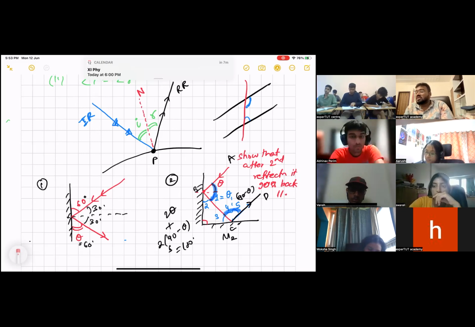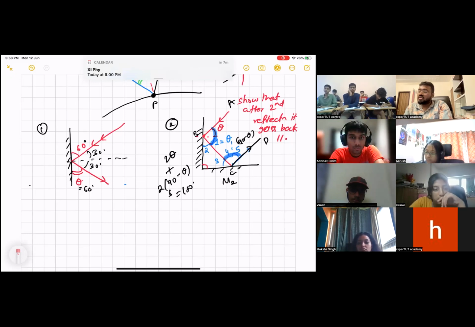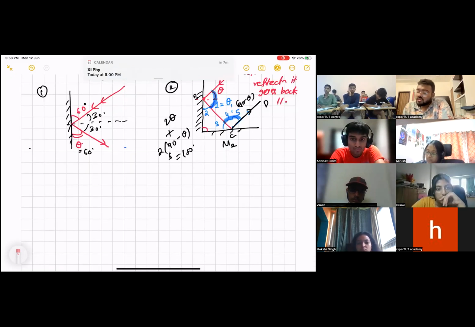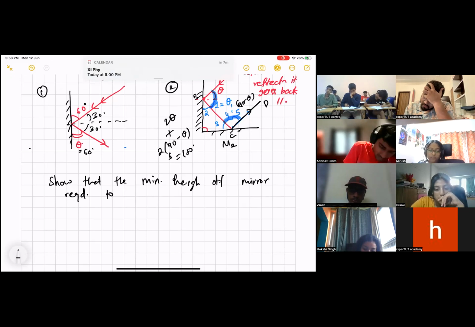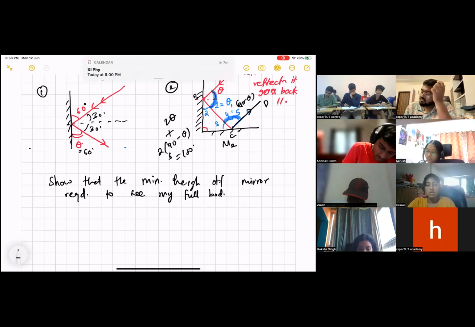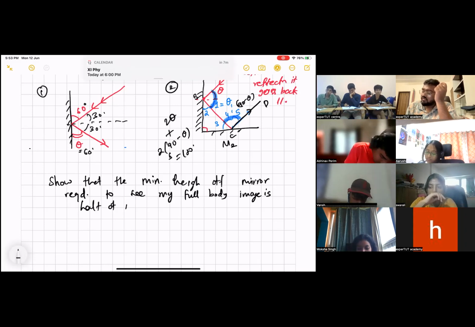Okay, so this is done. In reflection, there is also a concept of like, show that the minimum height of mirror required to see my full body image is half of my body height.